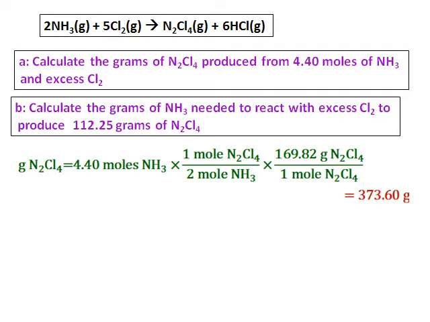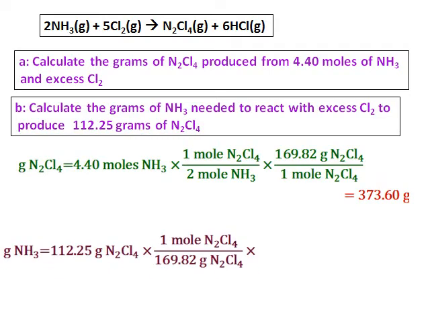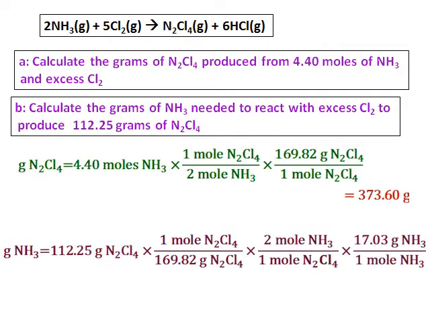Start with 4.40 moles of ammonia, convert that into moles of N2Cl4, and convert that into grams of N2Cl4, and you get the answer. The second one asks to calculate the grams of ammonia needed to react with excess chlorine to produce 112.25 grams of N2Cl4.